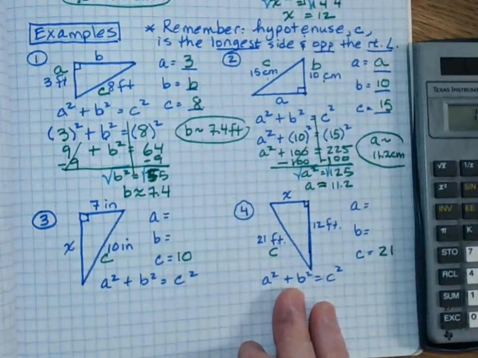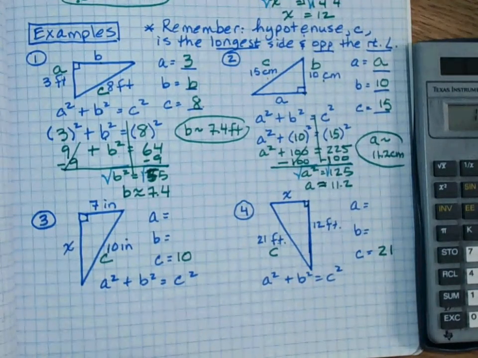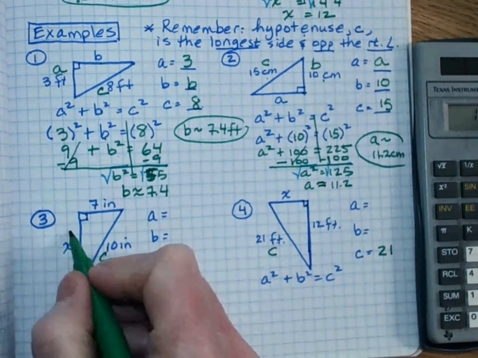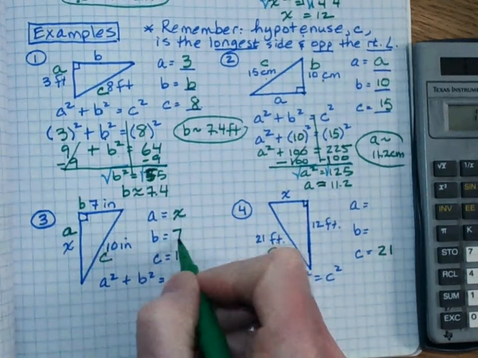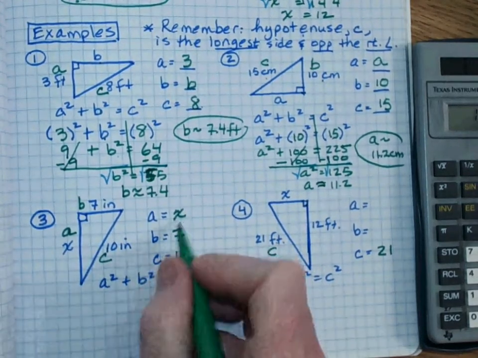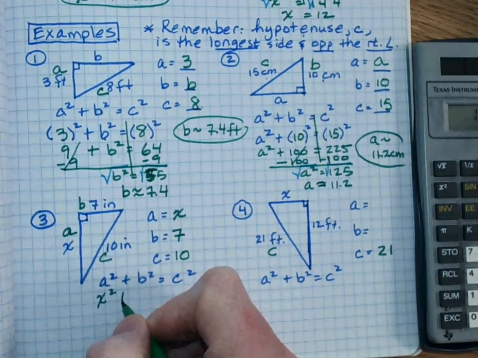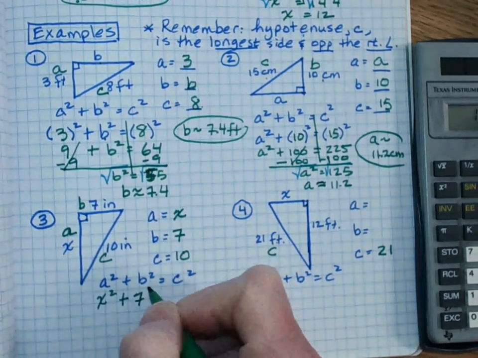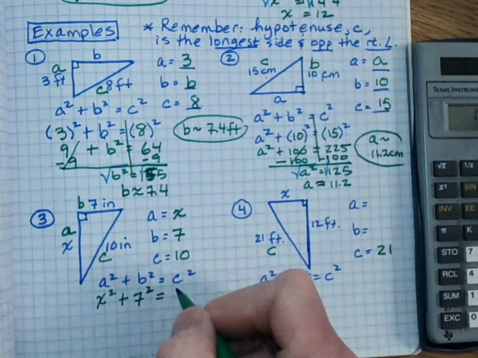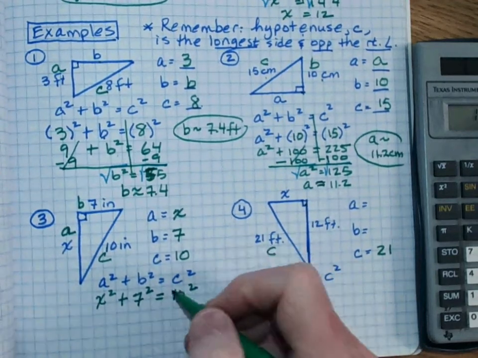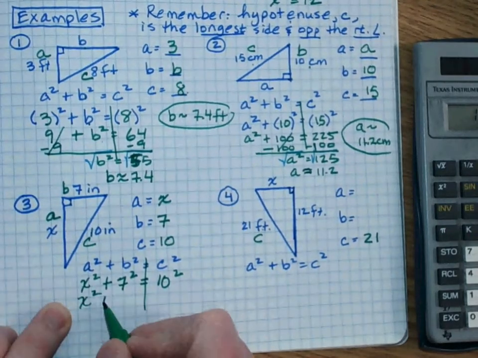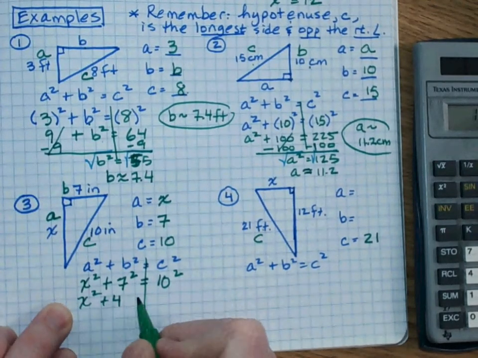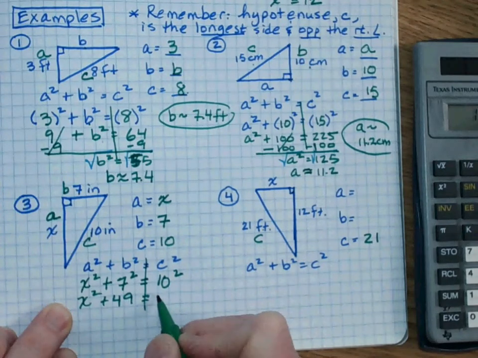All right, here, now this one, it doesn't matter what we call A. Let's call this one X, B is 7 and C is 10. A is x squared, B is 7, we'll square that, C is 10. So we have x squared plus 7 times 7 is 49, equals 10 times 10 is 100.